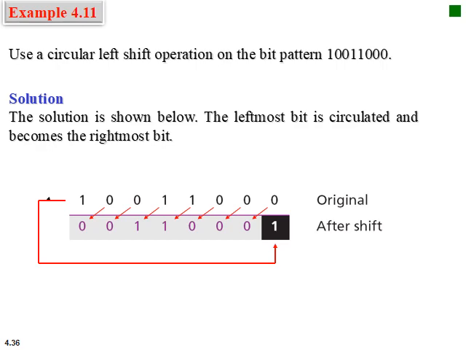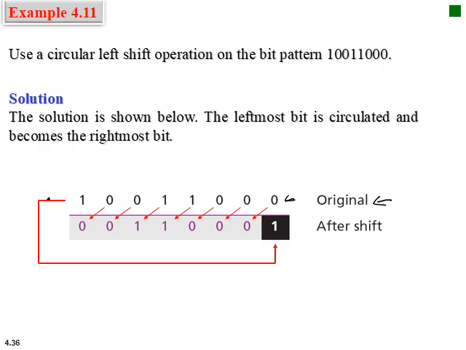Right, so let's look at example 4.11. Use a circular left shift operation on the bit pattern 1001100. So the same bit pattern again. So it's a circular left shift. So here is our original bit pattern over there.